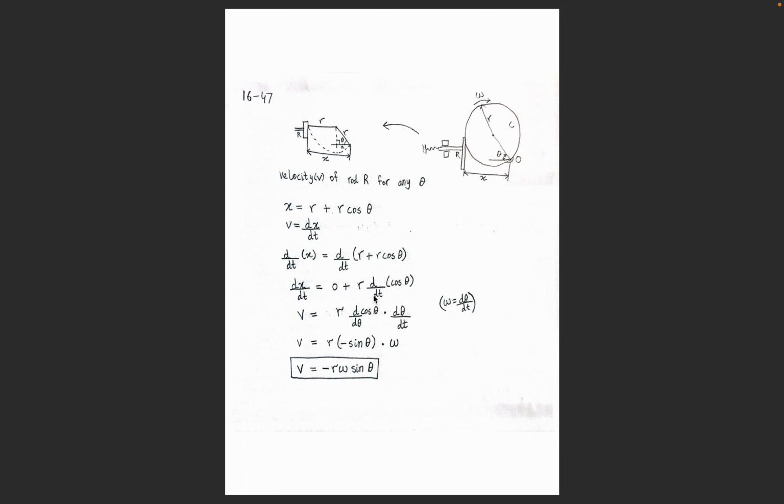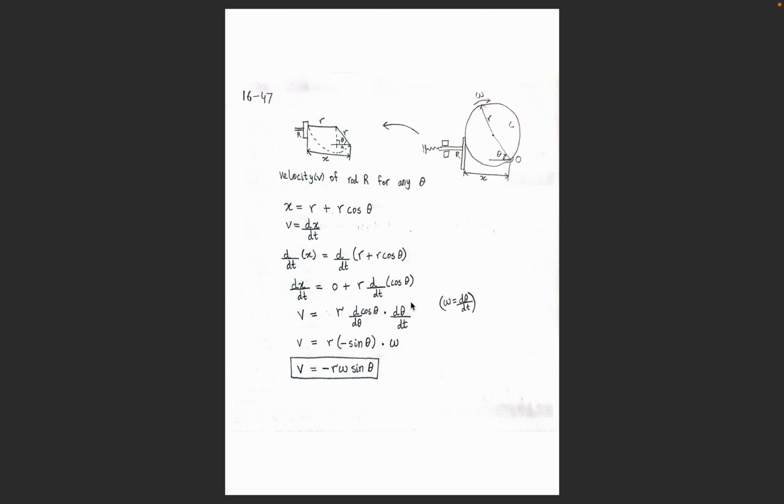But here we are differentiating with respect to t, and in cos theta there is no t, so we have to use the chain rule. In the chain rule, we do d over d theta of cos theta, and then d theta over dt.